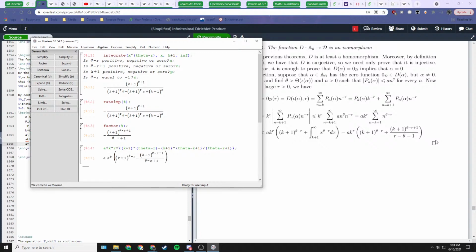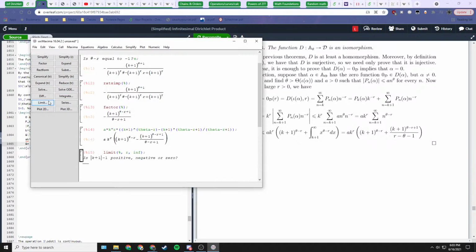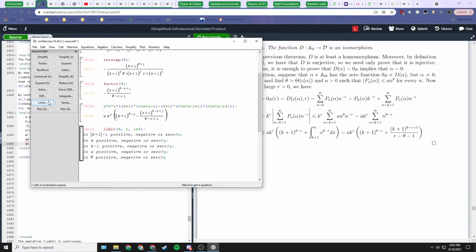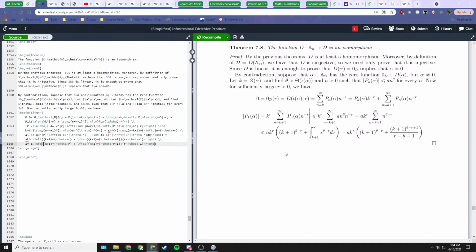And we want this to go to 0 when we take the limit as r goes to infinity. Sure, that's positive. Theta's positive. Oh my gosh, it's 0. Okay, so it does work out to 0, which is good. So I feel confident. Okay, we'll work the whole thing out explicitly though.